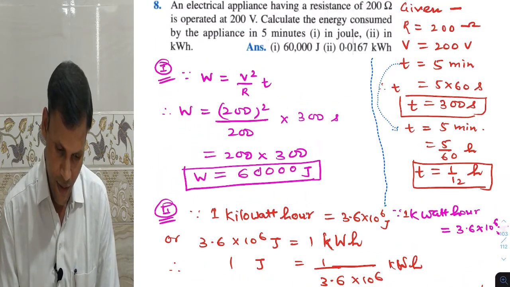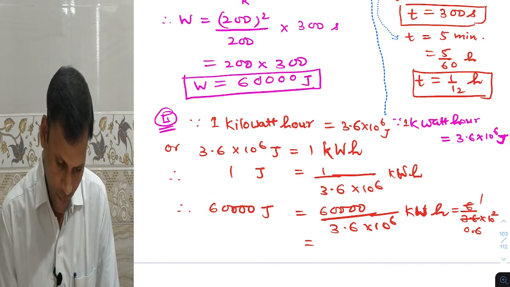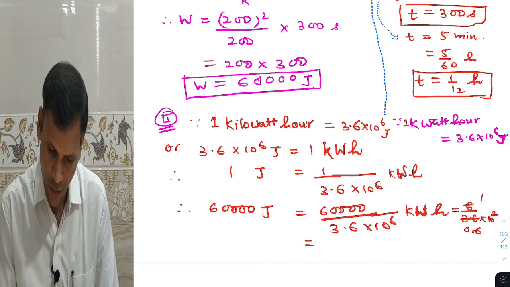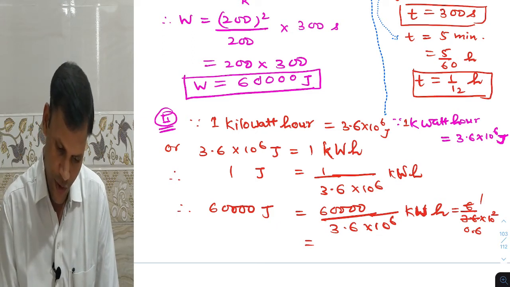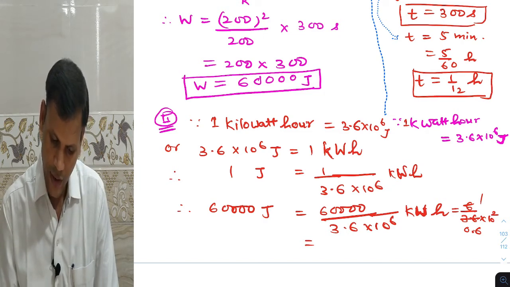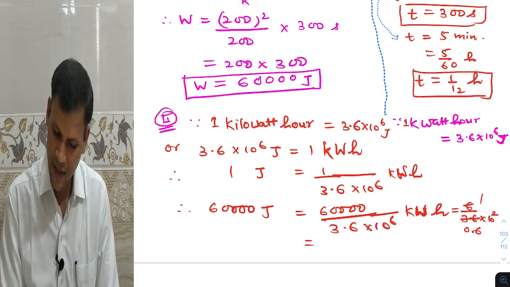Probably we are making some mistake, yes, 60,000 by 3.6, 1 kilowatt hour, right, that much joule, so that much joule is equals to, correct, 60,000, right. So we will get 10/6, right now, that is right.